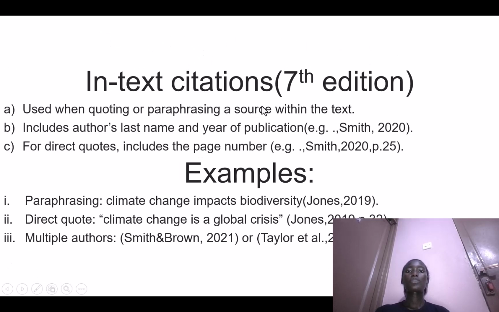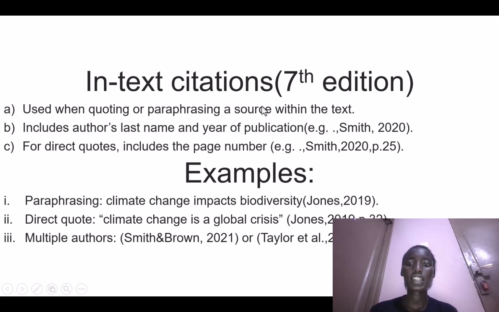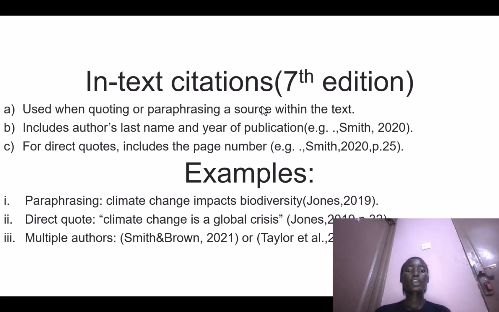we're going to be talking about the in-text citations. This is one of the basic ways to cite using the APA format of citation. In the in-text citation, according to the 7th edition, because the 7th edition is the latest edition. If you remember, in plagiarism we talked about ways of preventing plagiarism, and one of them was using the latest editions, the most current material. So the 7th edition is the most current in terms of the APA format of citation.